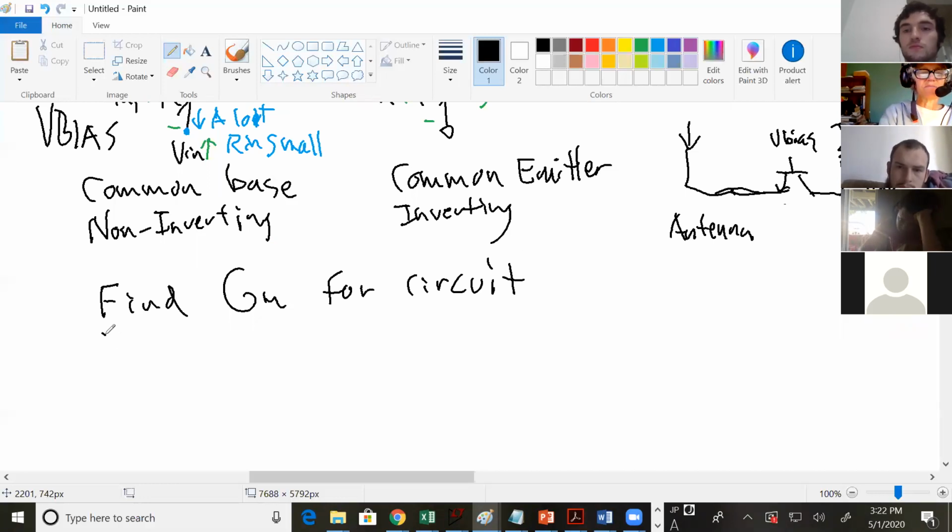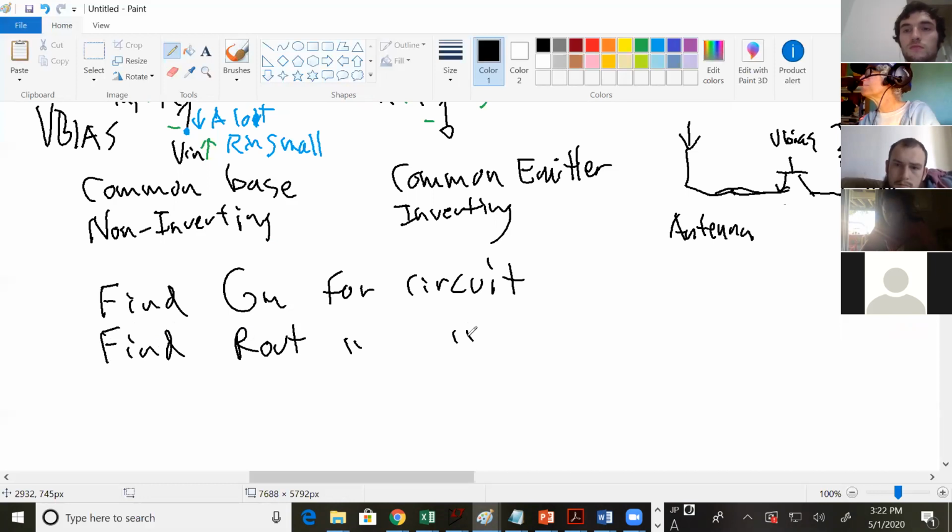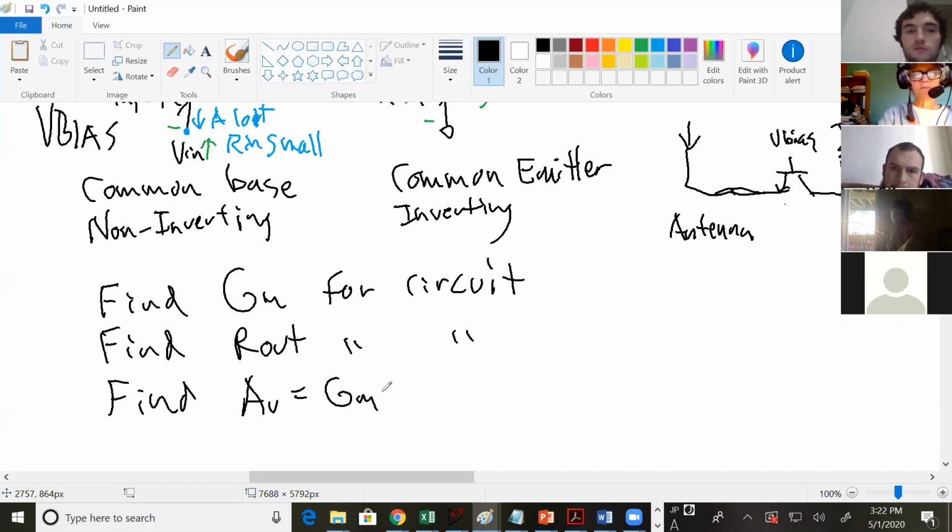And then find Rout is the next step. And when you find GM and Rout, how do you find gain? GM times Rout, exactly. So you can find AV by taking GM and multiplying it by your Rout. Those are the steps I want you to go through.